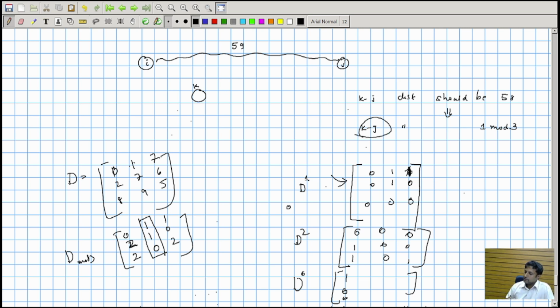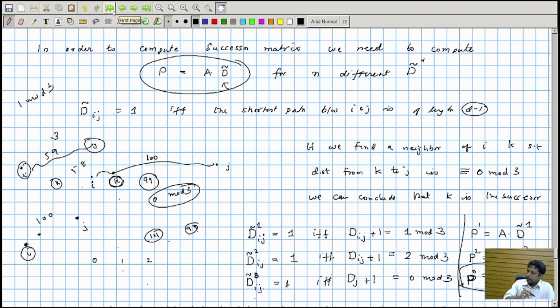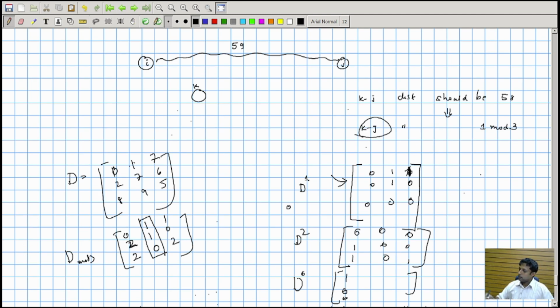So you look at this matrix and you will compute the product AD1. If P is this product, and Pij equals 1, that means from I to j, there is a k such that from I to k there's a direct edge, and from k to j there is a path whose length is 1 more than a multiple of 3.